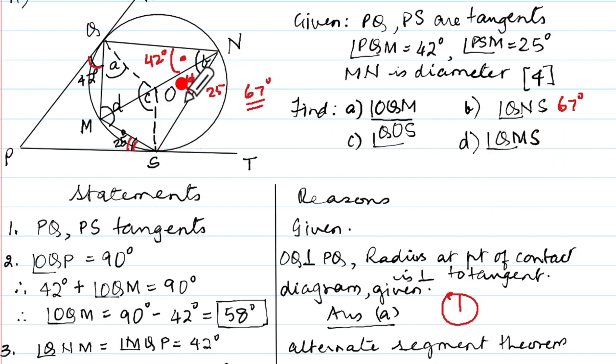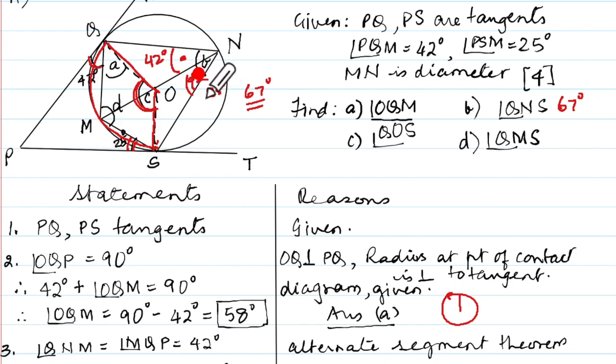So that will be our QNS. Now if I want QOS, this angle has been subtended at the center by this arc. This arc makes this angle at the circumference. The actual wording is that the arc QMS subtends angle QNS at the remaining circumference.